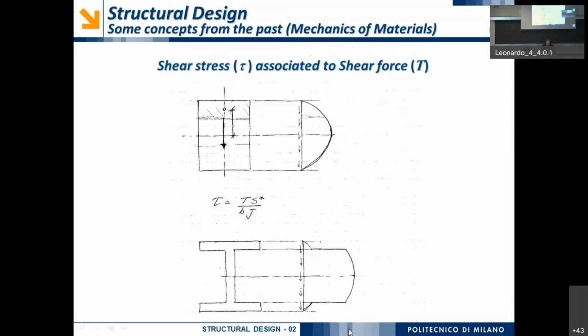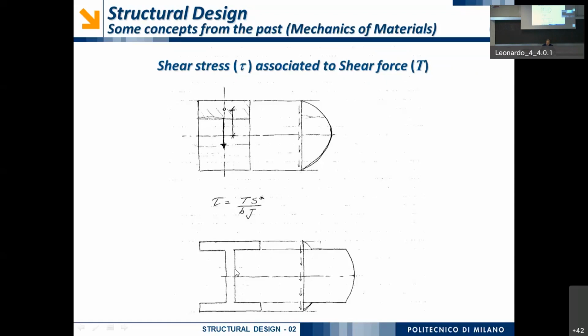And so I have a sudden increase in the value of tau, because the static moment from here to here practically does not change. But B in the upper part is larger, in the lower part is very low. And so we have a sudden change like this.